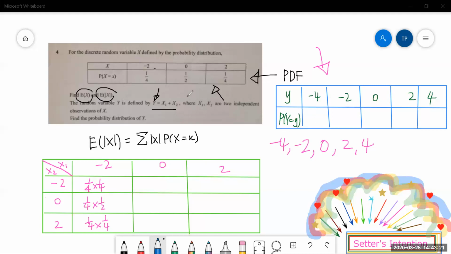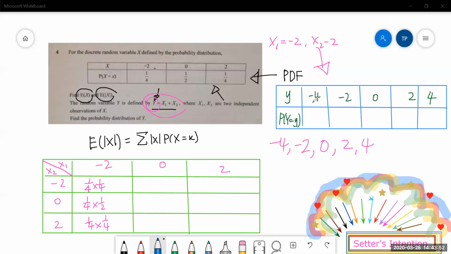Because as you can see, when x1 takes on -2 and when x2 takes on -2, -2 plus -2 will give you -4, right? Yeah, that's why this -4 becomes one of the discrete values for y in this equation. So when we do the PDF, we have to list out all possible values of y.